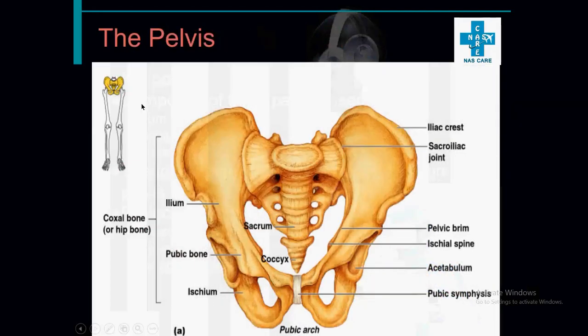The pelvis, look here totally, this is the coxal bone or hip bone, ilium, pubic bone, ischium, sacrum, coccyx, pubic arch, pubic symphysis, acetabulum, pelvic brim, ischial spine, sacroiliac joint, and iliac crest.